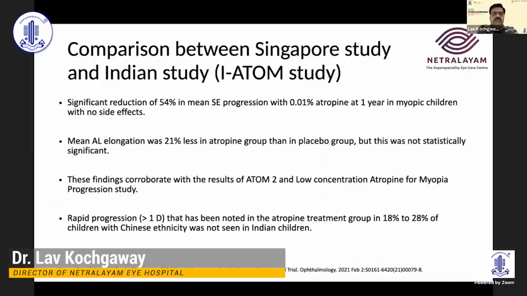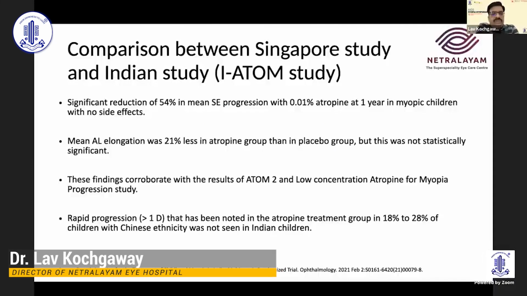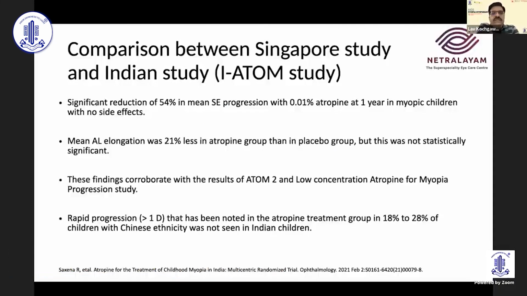Now, this is one of the important studies done by Dr. Rohit Saxena, and this compared the Indian population with the ATOM studies. And what they found out was a significant reduction of 54% in the spherical equivalent with 0.01% at 1 year in myopic children with no side effects.